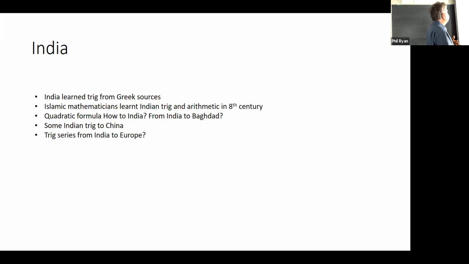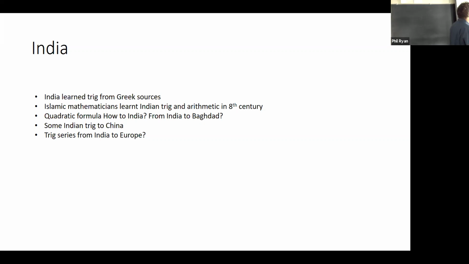But there's still lots of questions to ask. How did the quadratic formula come to India? Did India influence Islamic mathematicians with their work on the quadratic? As I said before, Indian trig was in China.